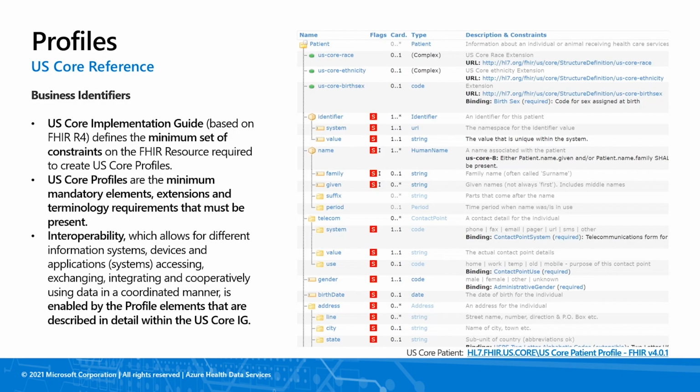How do we represent gender in non-binary ways? Those are all elements that needed to be thought about and defined in US Core, both from a structure definition perspective: what are the official FHIR resources we're using? What are the extensions that we want to have considered to go beyond standard terms and canonized resources in FHIR, to support the use cases for bringing health data to life in the US?